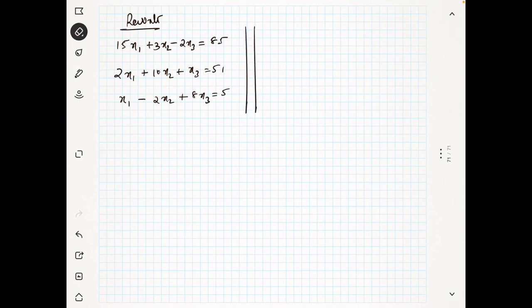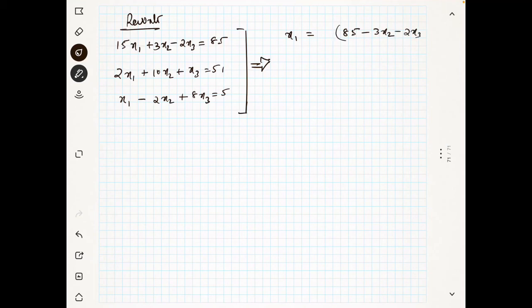So from this equation, I am going to find my x1. What is my x1? x1 is nothing but 85 minus 3x2 minus 2x3, and you just divide it by 15, or multiply with 1 by 15. So this is your x1.